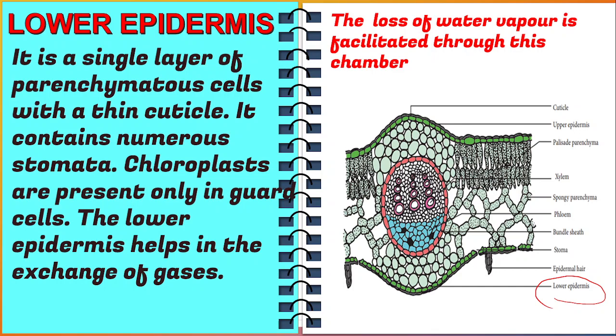Chloroplasts are present only in guard cells. With the presence of chloroplast, photosynthesis takes place. Guard cells and epidermal tissues only contain chloroplast. This lower epidermis helps in the exchange of gases.